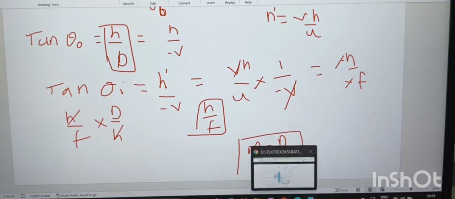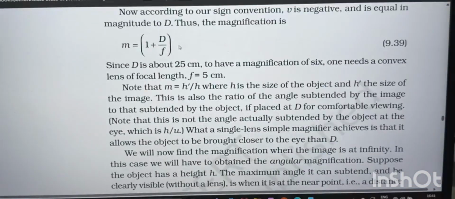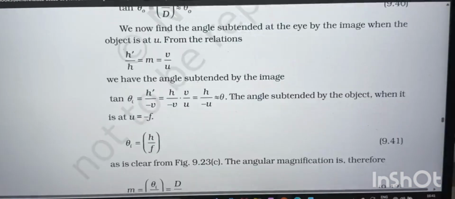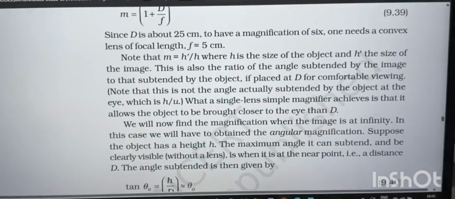So this was the derivation given over here. For the image at 25 centimeters, it is 1 plus d by f. And for infinity, because we are considering the angles, call it angular magnification, d upon f.